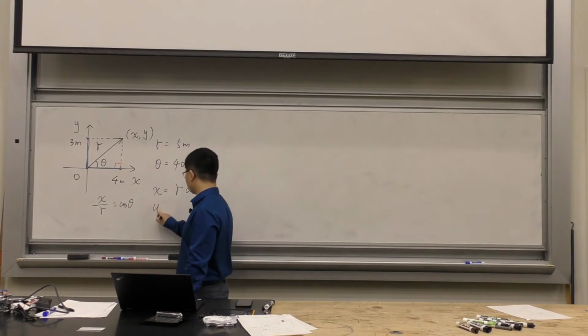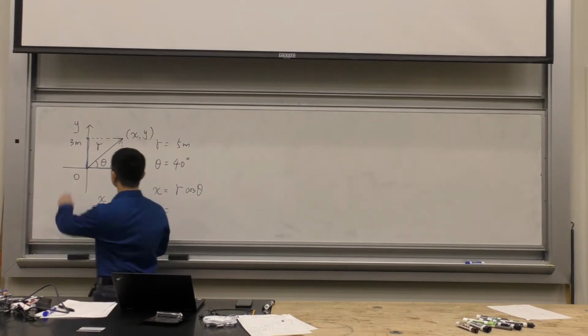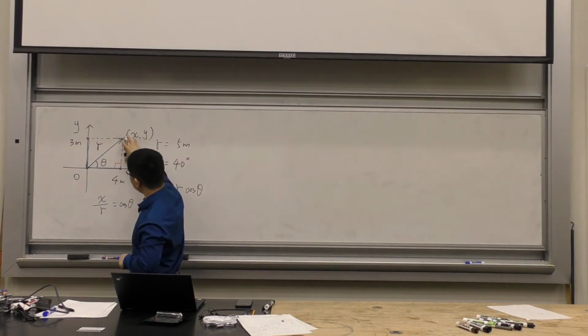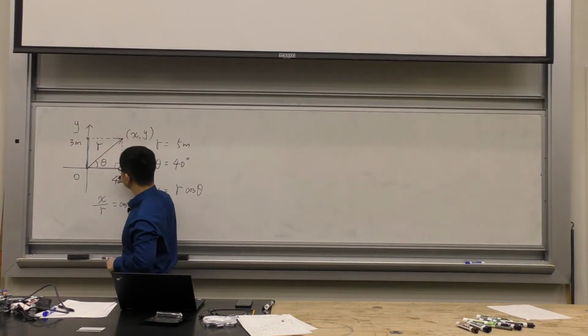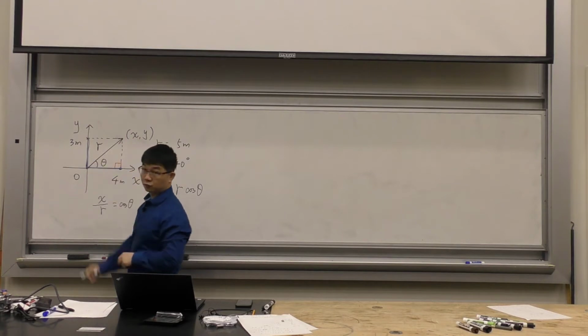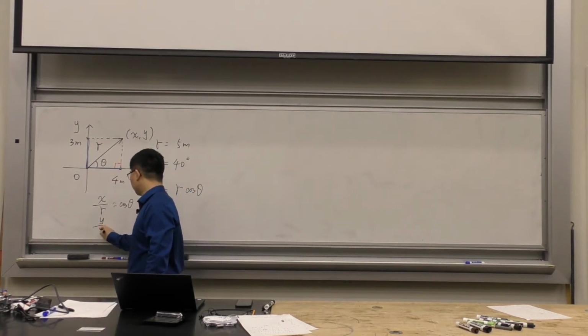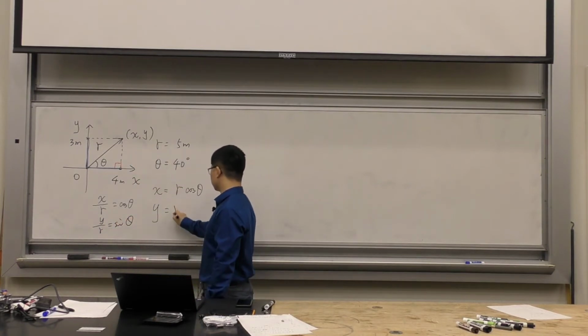And then what about y? Well, y is this side, which is also equal to this side. How do you find this side in this right triangle? This side is opposite to the theta angle, so you would have y over r equals sine theta. You rearrange this equation, you get y equals r sine theta.